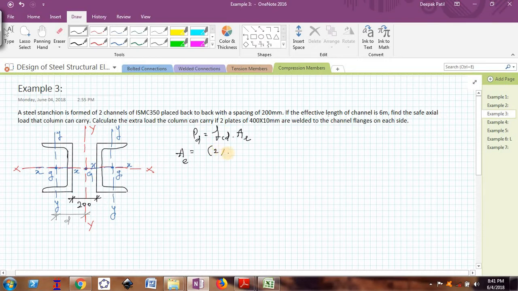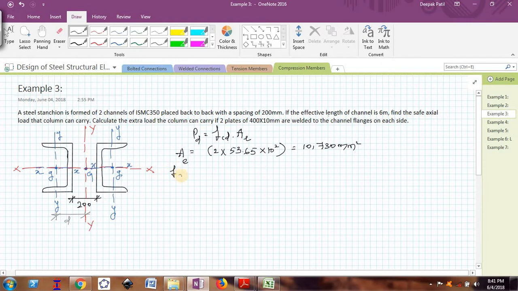Since we have two channels, 2 multiplied by 53.65 multiplied by 10 square, because I need to convert centimeter square into millimeter square. So I'm getting 10730 mm square, the effective cross section area of both the channels together.